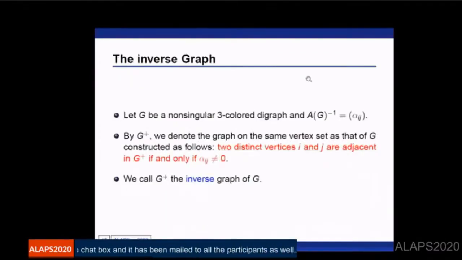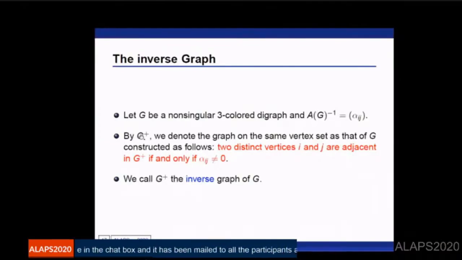And then we define the inverse graph for a three-color diagram. So we take a non-singular three-color diagram. That means the adjacency matrix of the three-color digraph is non-singular, that means it is invertible, and say alpha ij is the ij entry of the inverse.